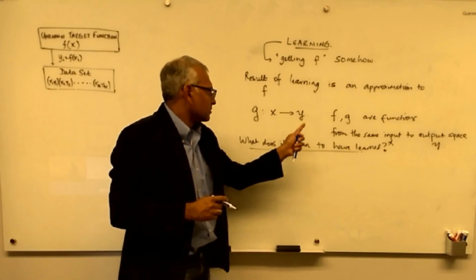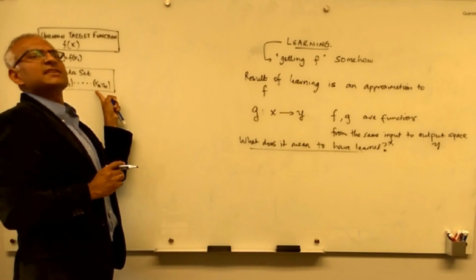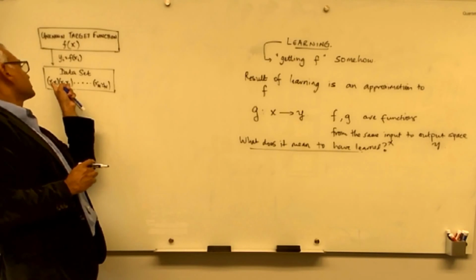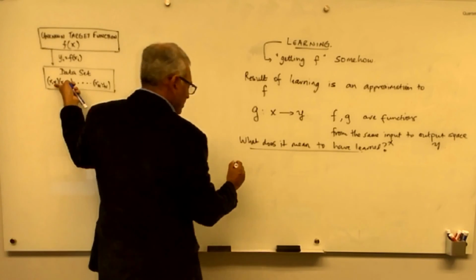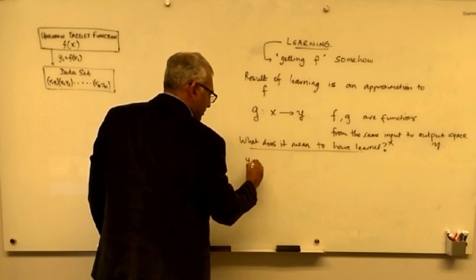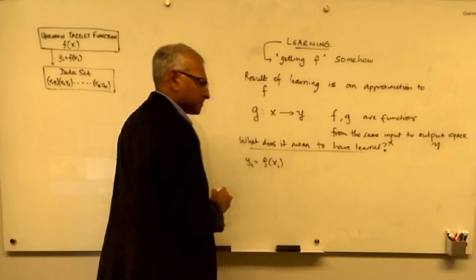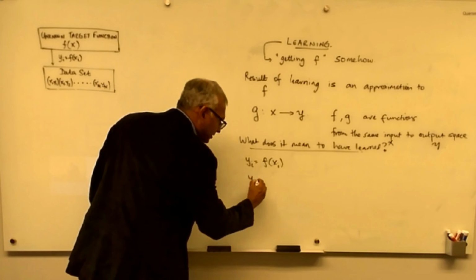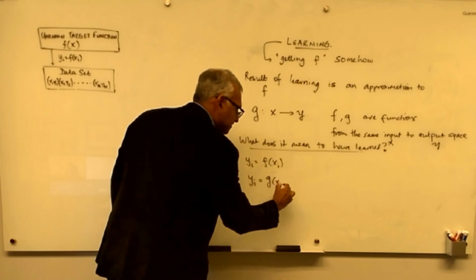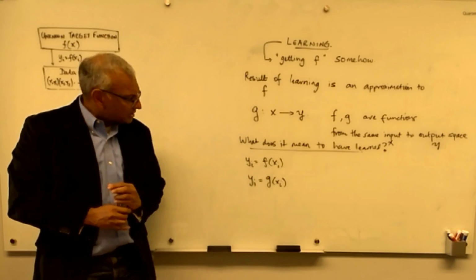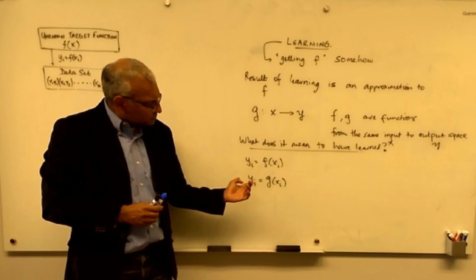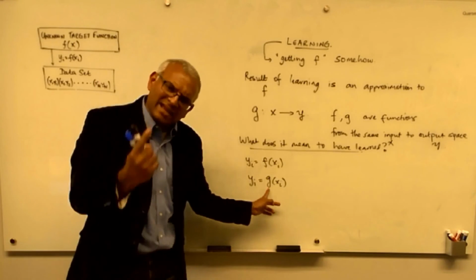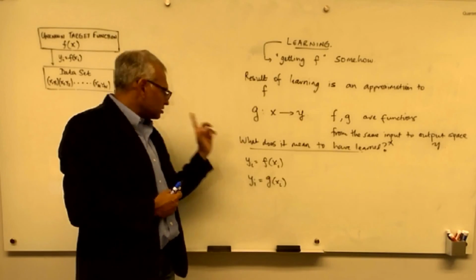Well, since we have a data set, and we know that for each of the x's in our data set, y is the corresponding f of x. So we know that yi is equal to f of xi. So wouldn't it be nice if yi is also equal to g of xi? So let's see, what does that mean? What that means is that g is able to reproduce exactly f on the data set.